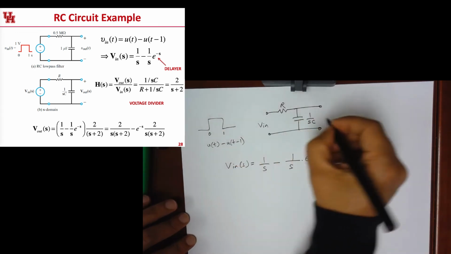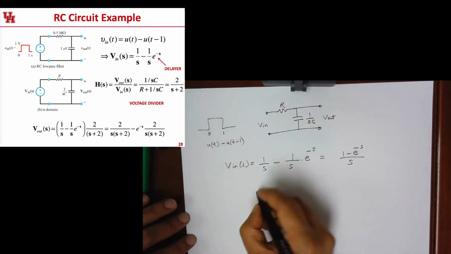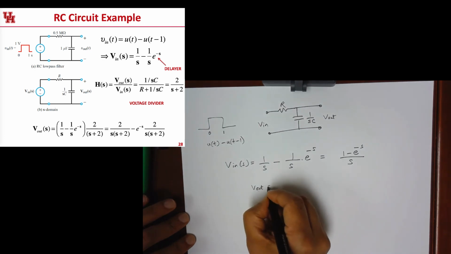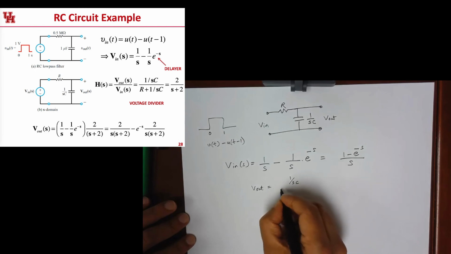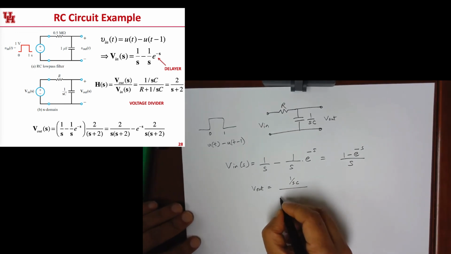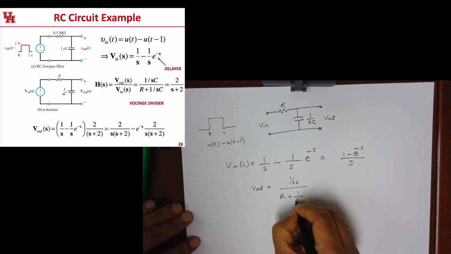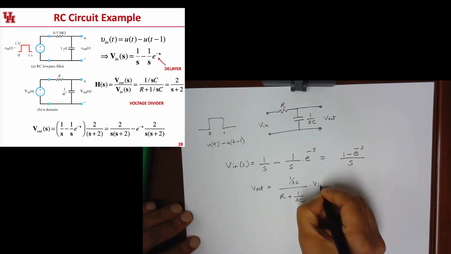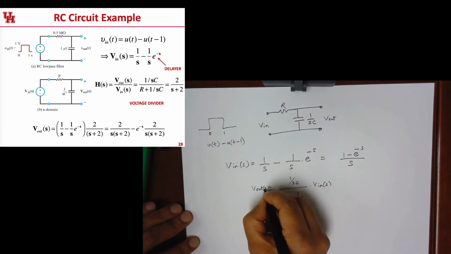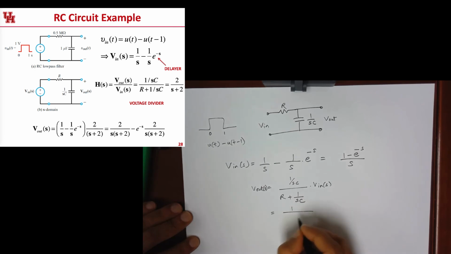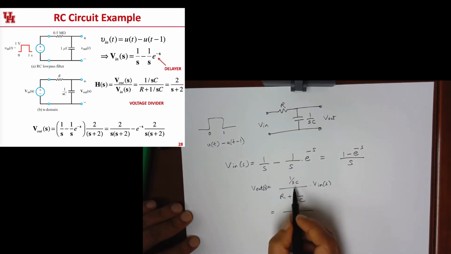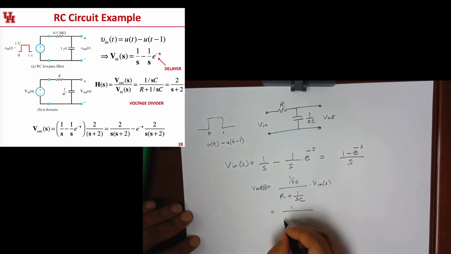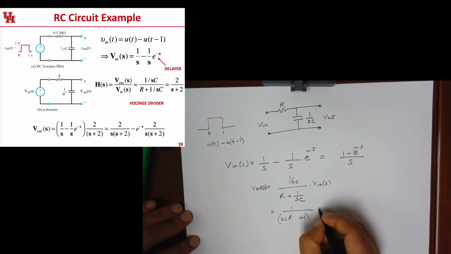Now for the voltage output, okay, I can use the voltage divider formula. So I can write 1 over SC divided by R plus 1 over SC times the input voltage, right? So this is equal to 1 over, okay, I multiply the numerator and denominator by SC, right? So I get SCR plus 1, right?